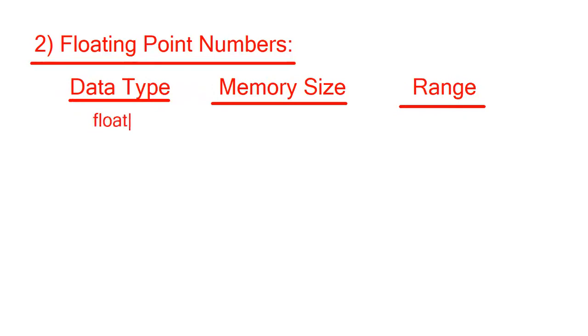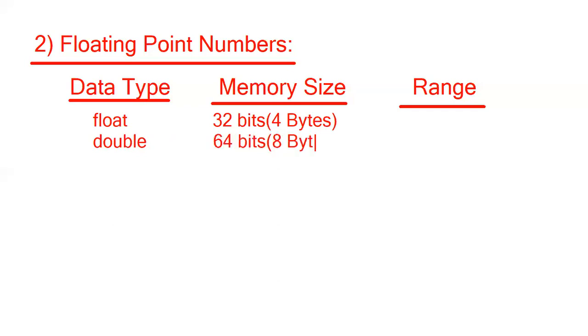Here, float: 32 bits, 4 bytes. Double: 64 bits, 8 bytes. Here, minus 3.4 into 10 to the power of minus 38.